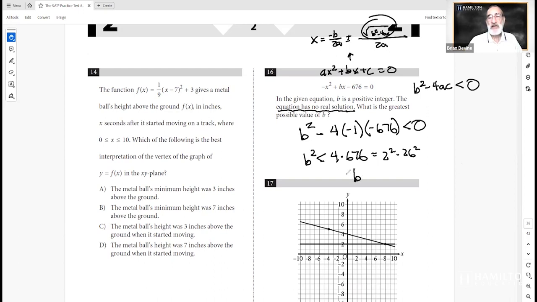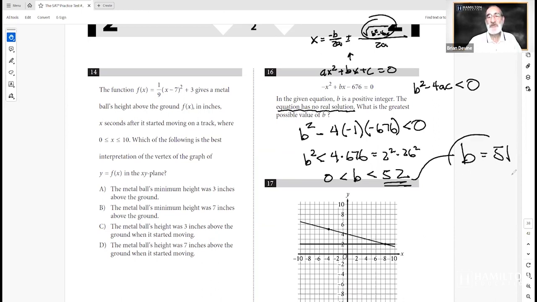So b then has to be greater than 0, and it has to be less than 2 times 26, if I take the square root, 52. So it can't be 52, so the greatest that b could be would be 51.